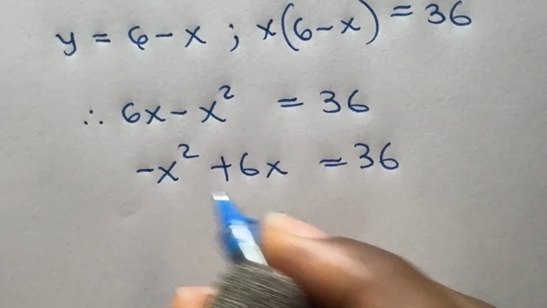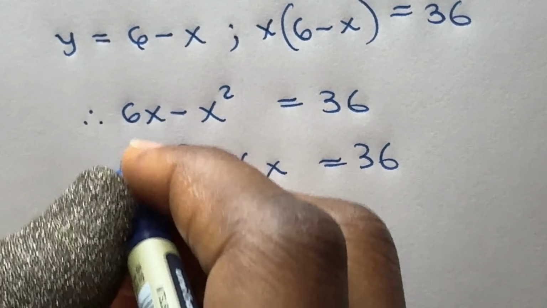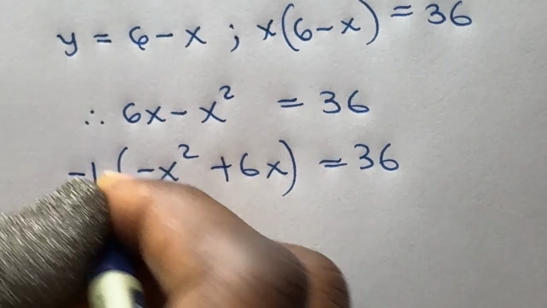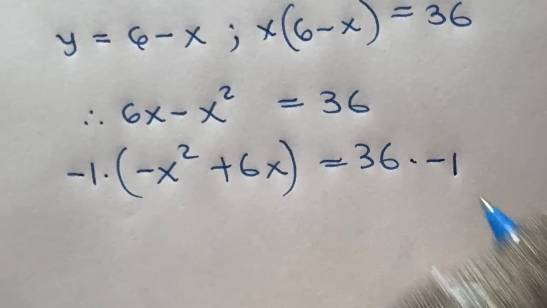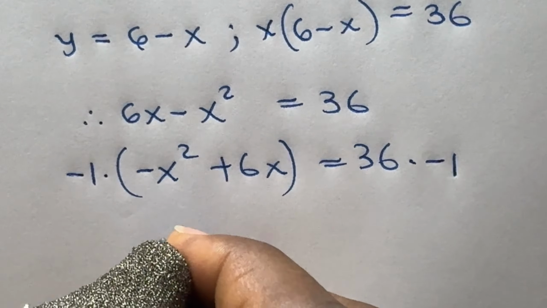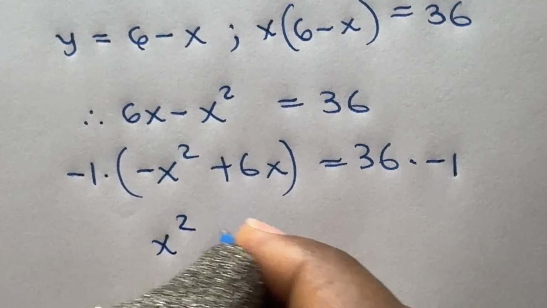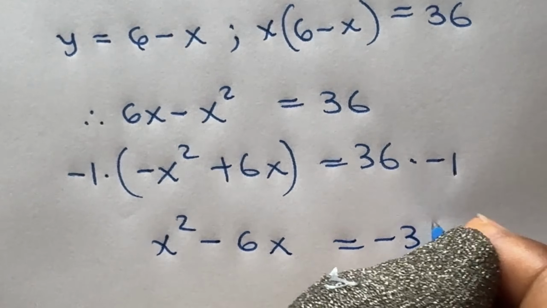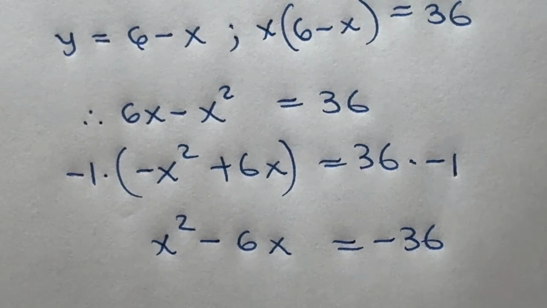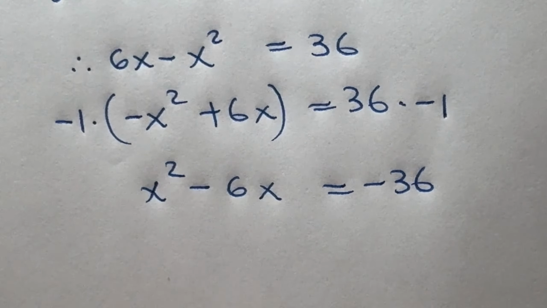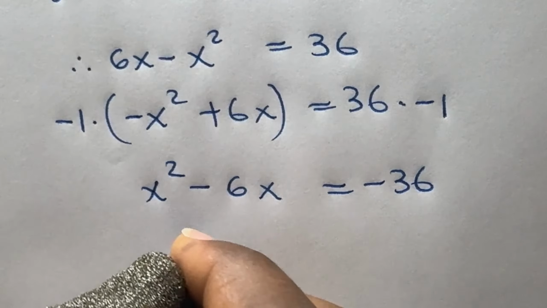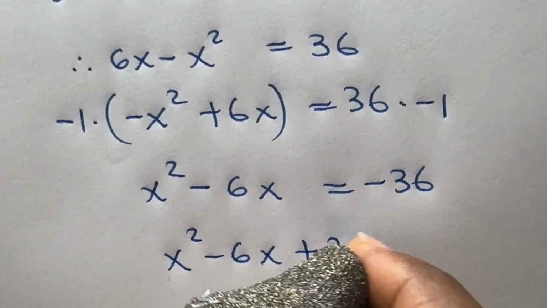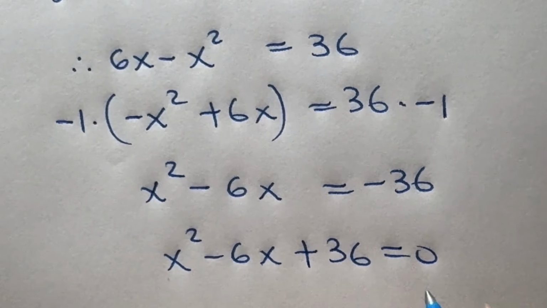So either multiply or divide through by -1 on both sides. So you say times -1 times -1. So that this gives us x squared minus 6x is equal to -36. If we bring this to the left hand side, we get x squared minus 6x plus 36 is equal to 0.